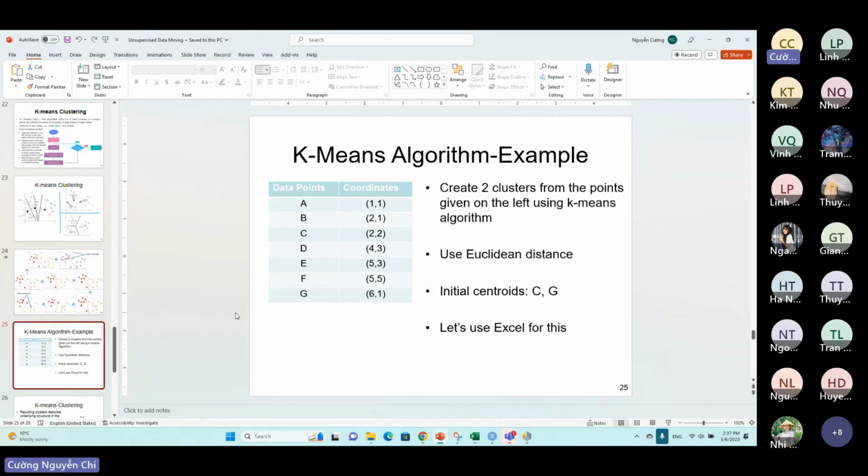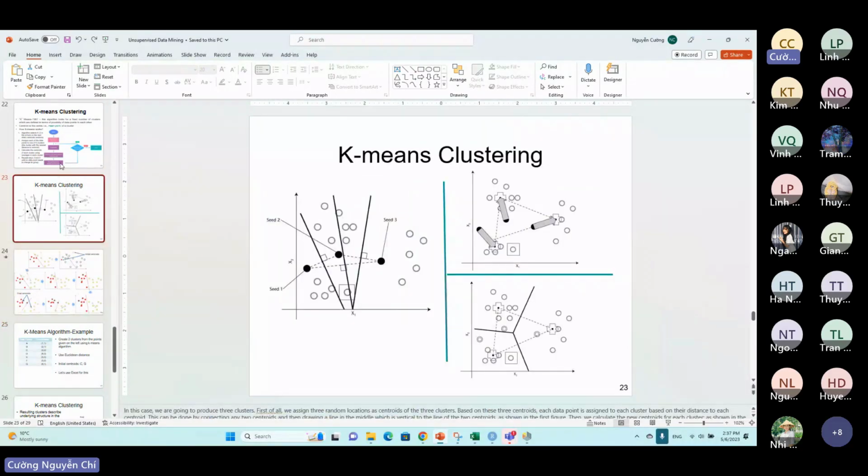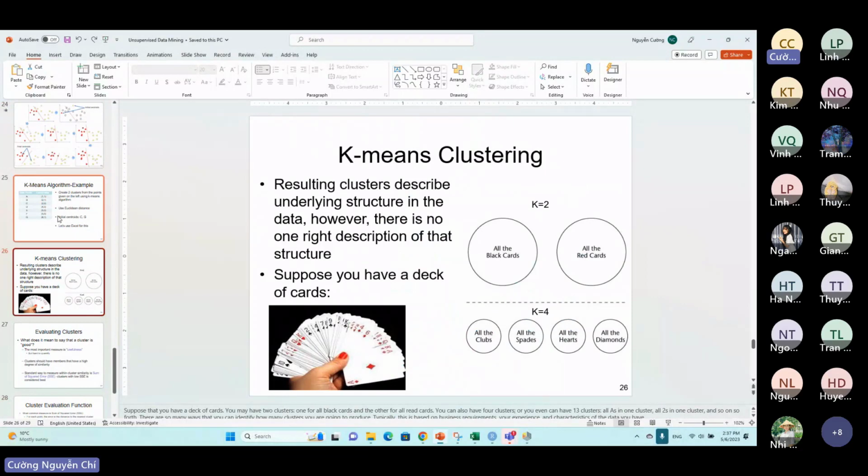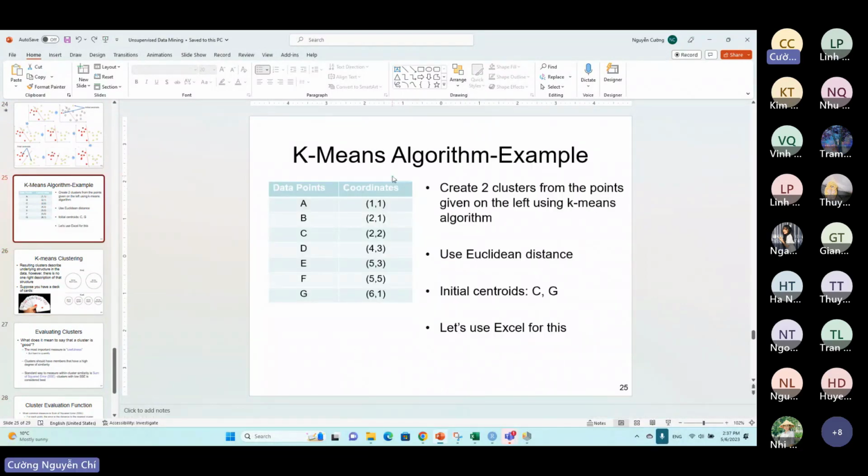Okay, so you see how people do the clustering, right? For k-means clustering and all the principles behind the flow of what people do with clustering. However, to do that, we can use an example of data points and coordinates to see how they can be generated and calculated by k-means clustering.